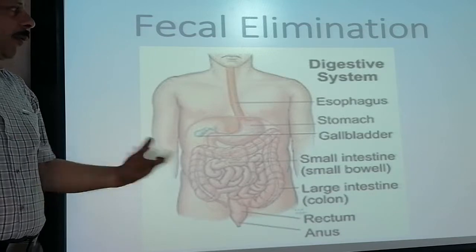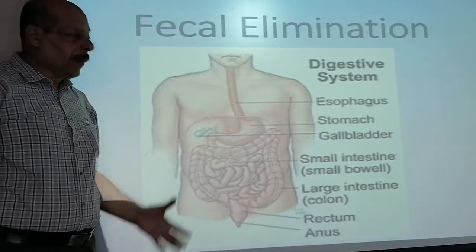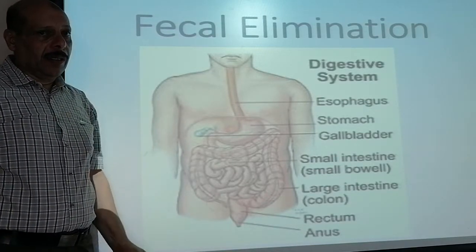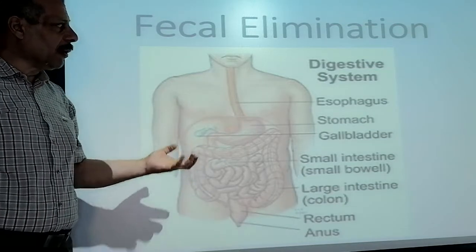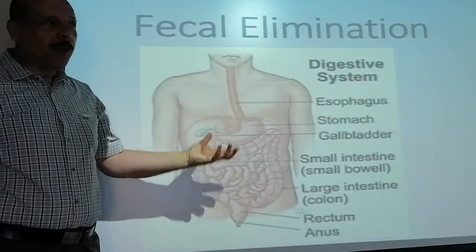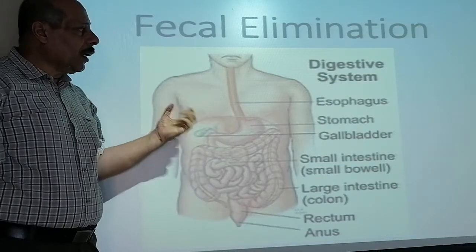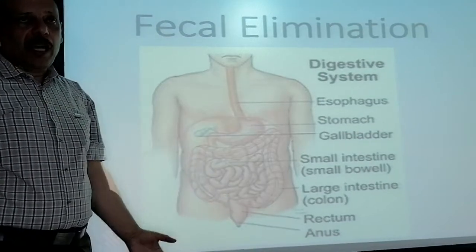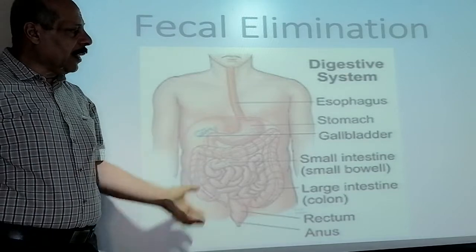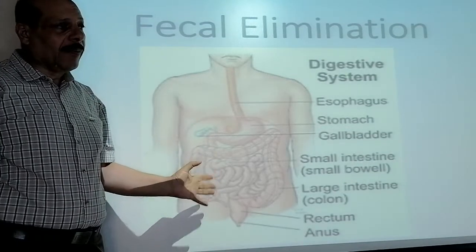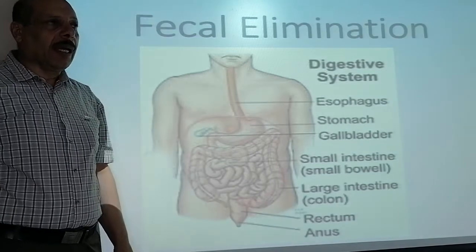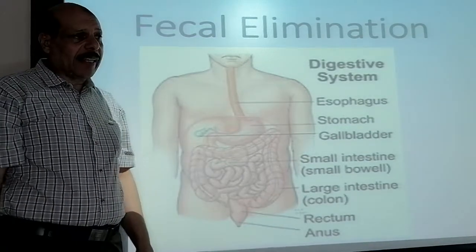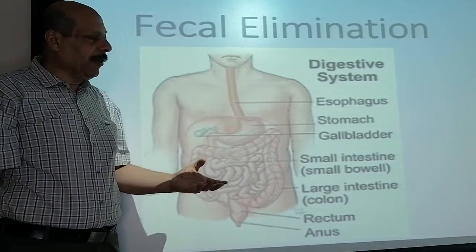For this session, we will start with the unit fecal elimination. In fecal elimination, the first objective that we will cover is to review the anatomy and physiology of the gastrointestinal tract, and then we will go to the factors that affect fecal elimination.